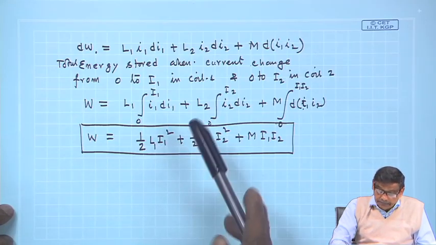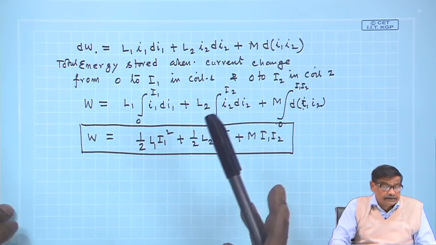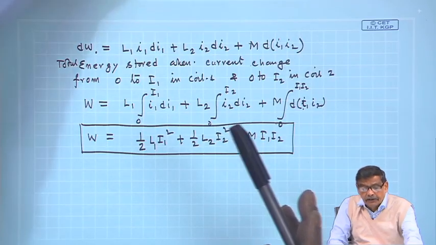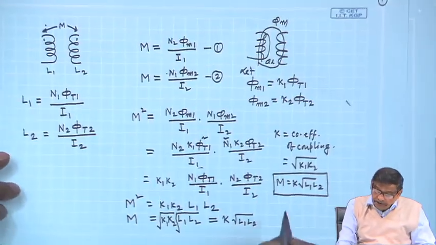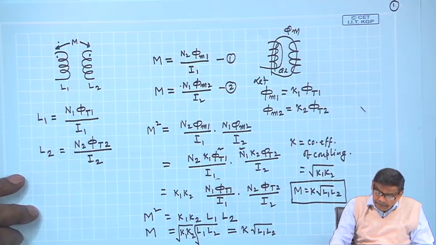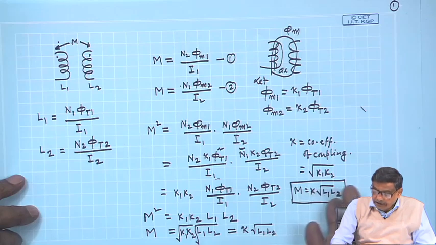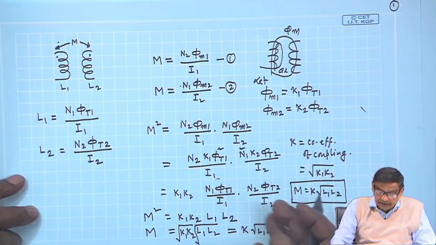And today in this unit I just highlighted 2 things. One is about the coefficient of coupling, what does that mean, how they are related, that is M can be expressed as coefficient of coupling and L1 L2, that I have done.